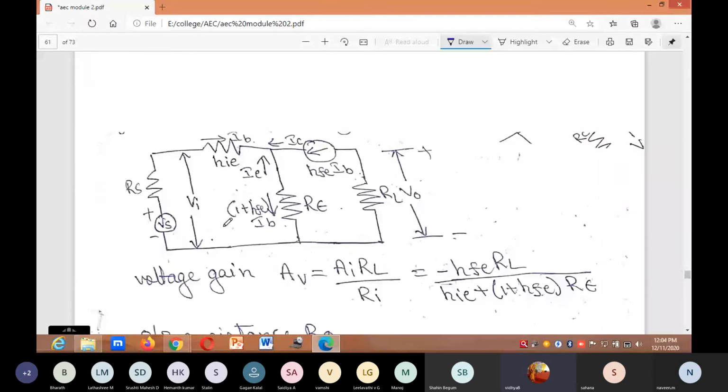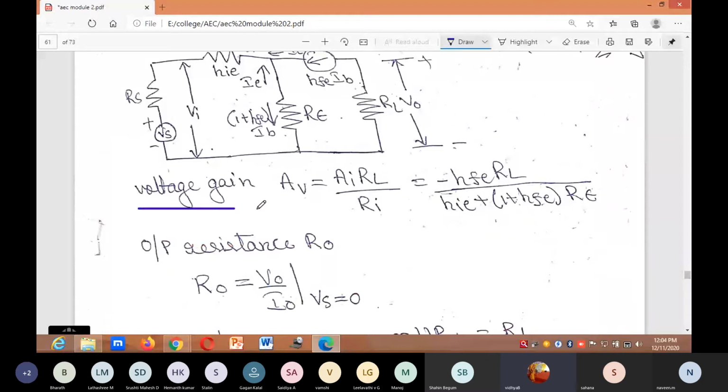Okay, this is the figure. From this, voltage gain, that is AV, is equal to AI into RL divided by RI, which is minus HFE into RL divided by HIE plus 1 plus HFE into RE.